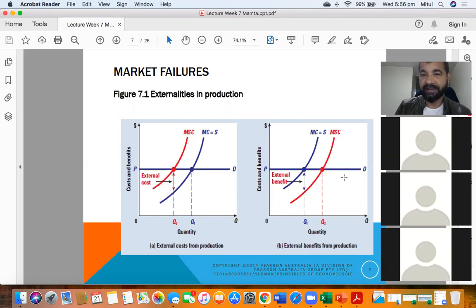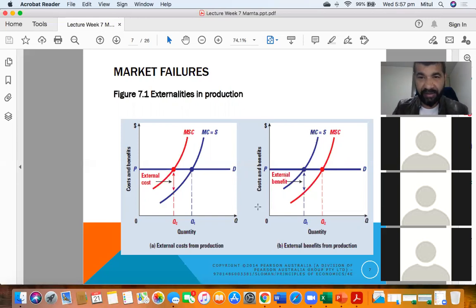And if you look at here, this is benefit. In this case, our normal or general equilibrium is here, where the marginal cost, our supply curve, and the demand curve meet. Since this item is doing good to the society, what are you going to do? You're going to produce more and consume more of this item.